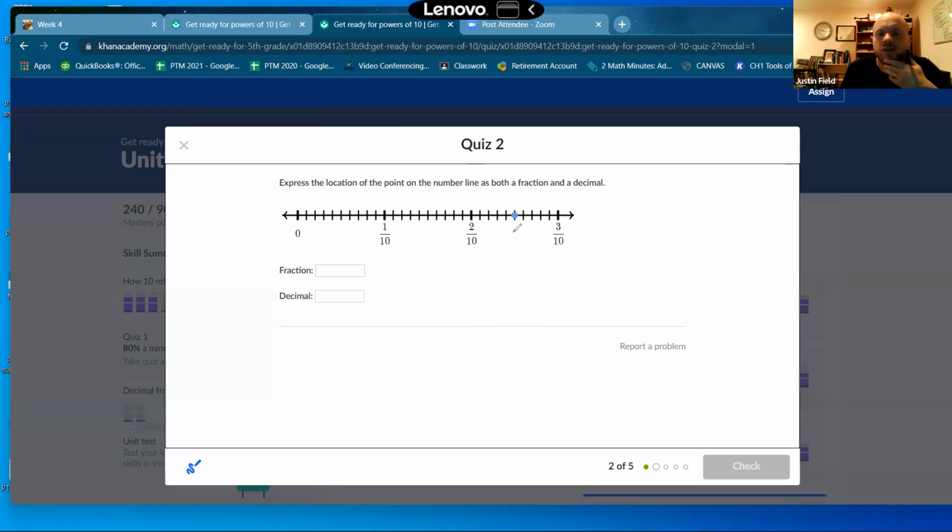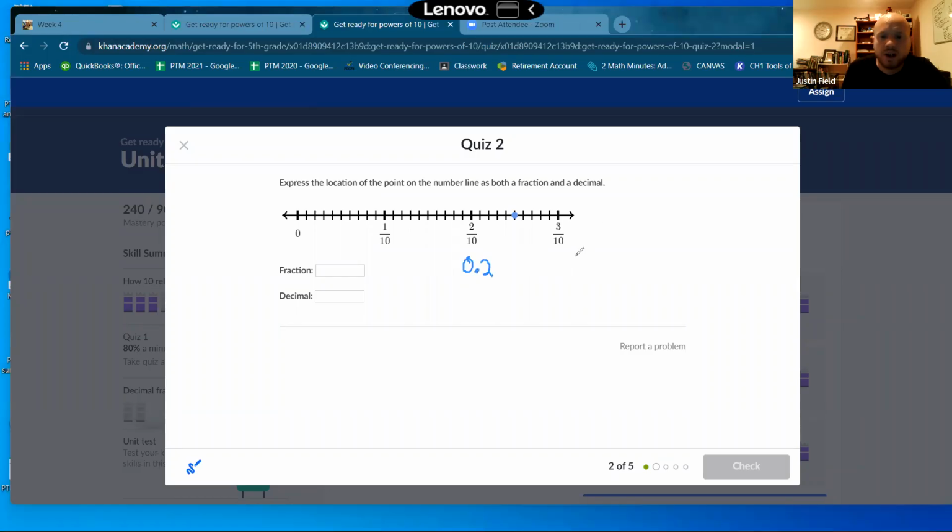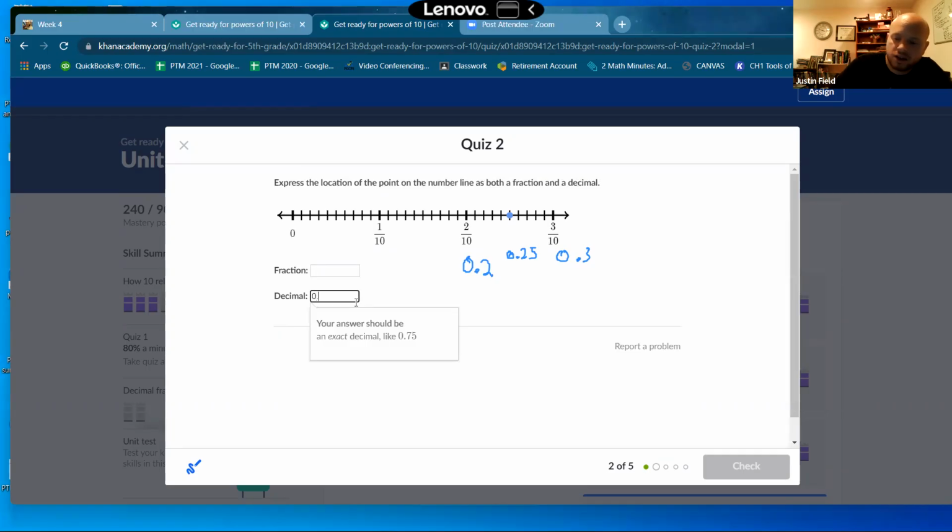All right, so what we can say is, if we know this is 0.2 and this is 0.3, this would be 0.25, which I think is a nicer way to think of it. And that would be 25 hundredths.